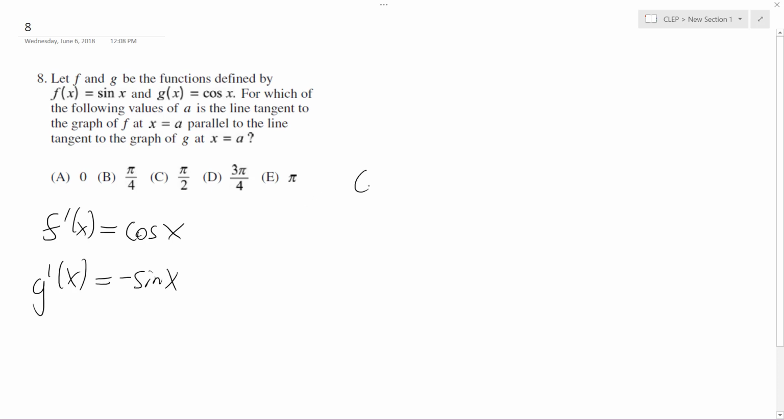So what we do is we set cosine of x equal to negative sine of x. And well, I'm trying to think here. It's kind of hard to do cut and dry with this, but anytime for a regular sine and cosine where they're equal is at like pi over 4.